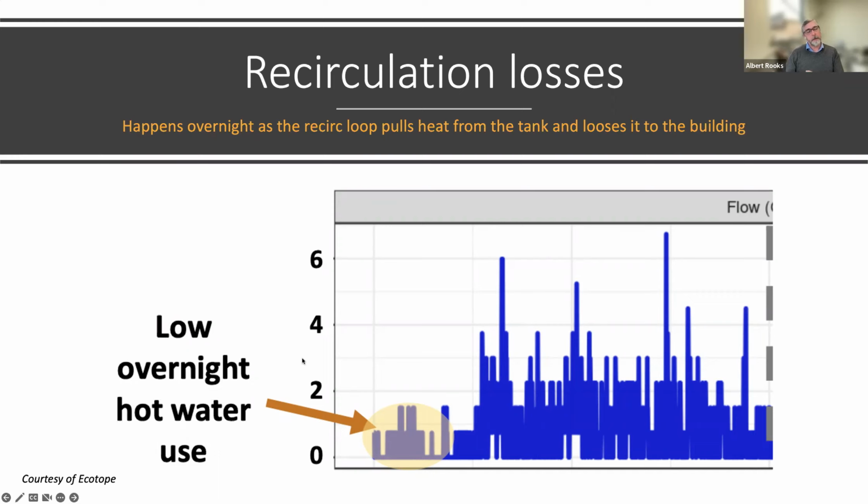And if we take that recirculation loop and pair it onto the primary storage, essentially what we're going to be doing is taking full temperature water out, running it across a mixing valve, sending it out to the building. No one's going to consume it, so it's just going to come back. And we do that over and over and over. Essentially, we're going to lose stratification in the primary storage tank.